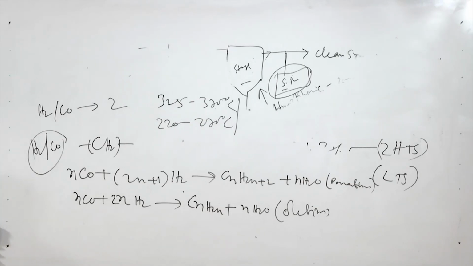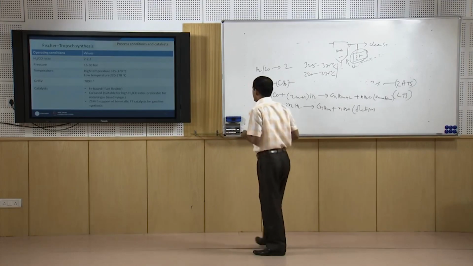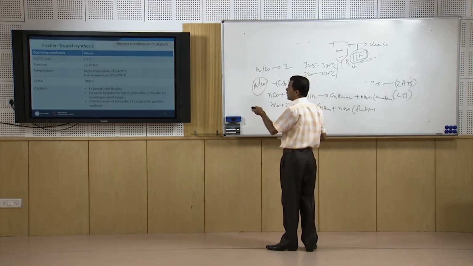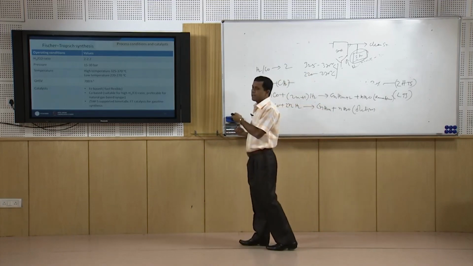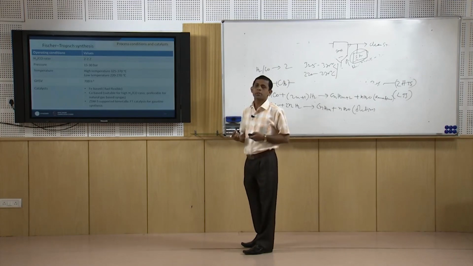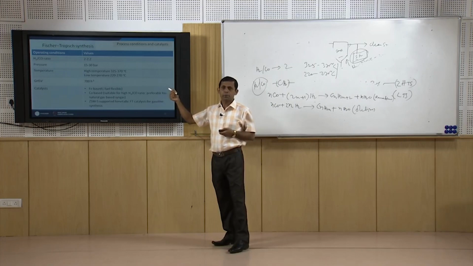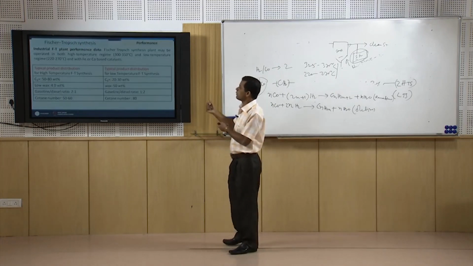A ZSM5 supported bimetallic FT catalyst has also been developed at a later stage. In this case, the gas hourly space velocity is maintained around 700 per hour and pressure is 15 to 30 bar. Under these conditions, only with the variation of high temperature and low temperature, the product distribution will change.